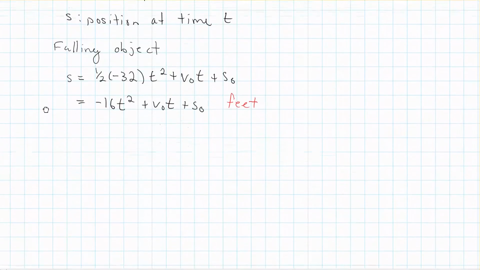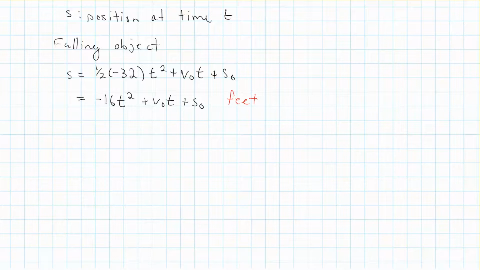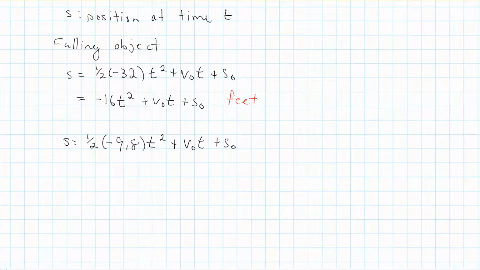And we have one more equation, again, depending on what your units are. The other one would be s is equal to 1/2 negative 9.8 t squared plus v0 t plus s0, which is equal to negative 4.9 t squared plus v0 t plus s0. And again, this would be if our units were in meters. Okay, so it does matter whether you're talking about feet or meters here.